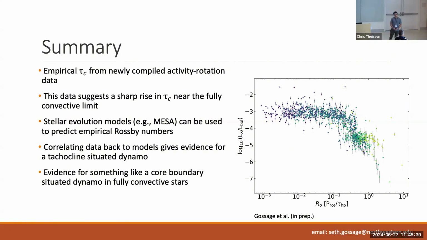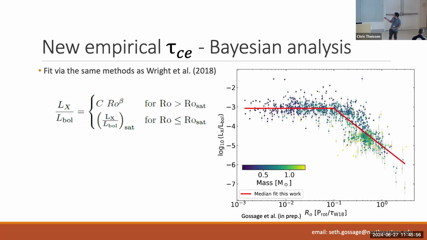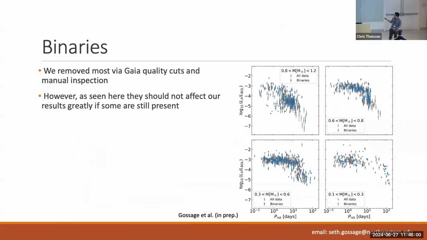Sure. Yeah, so I think it was just Gaia RUWE. And so we probably have some sort of contamination from binaries still, we expect. The question was what methods we use to remove binaries, and I mentioned that it's the Gaia RUWE that we use, and that there may be some contamination left.